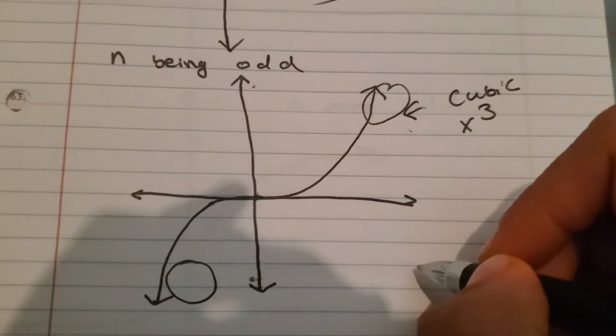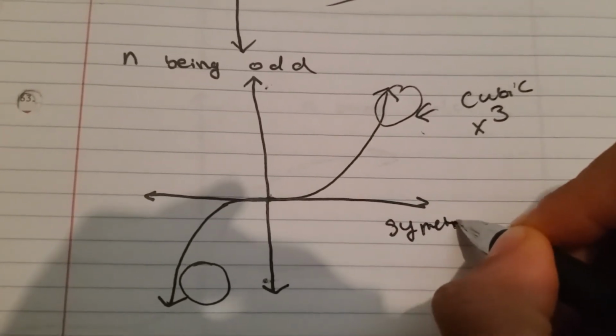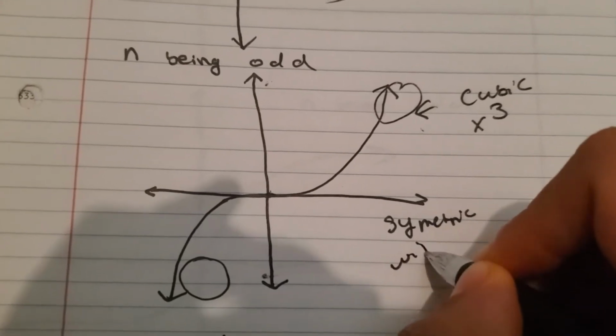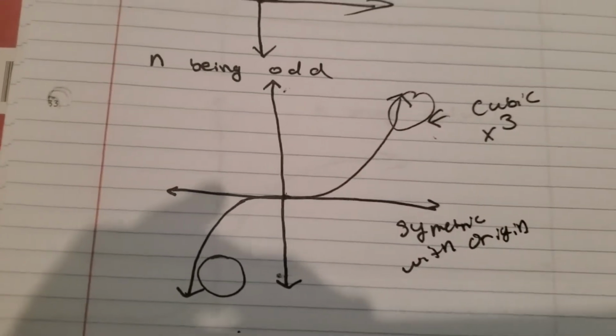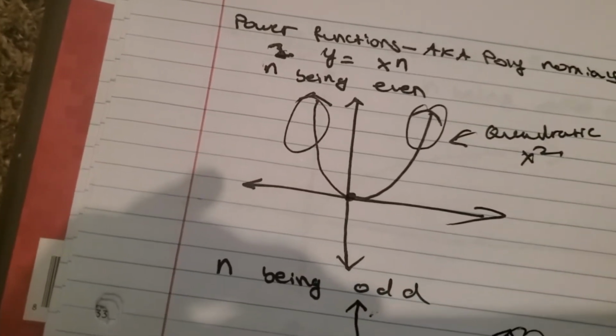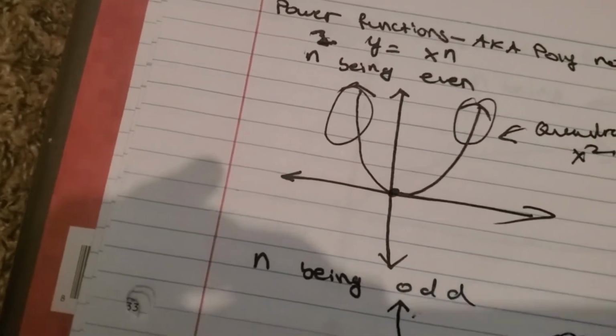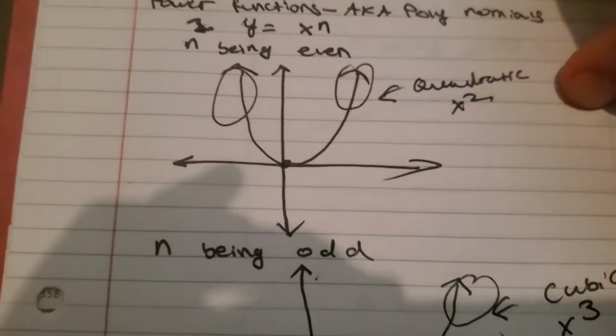It's symmetric with the origin. So both of these make up polynomial functions, and there are so many different kinds of transformations that apply to polynomials. Okay, so moving on.